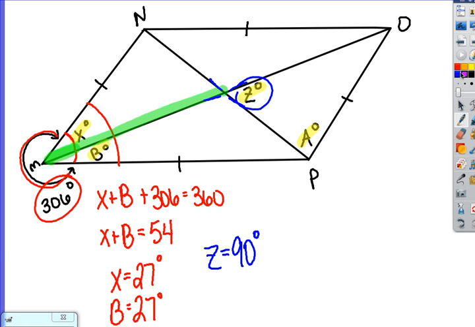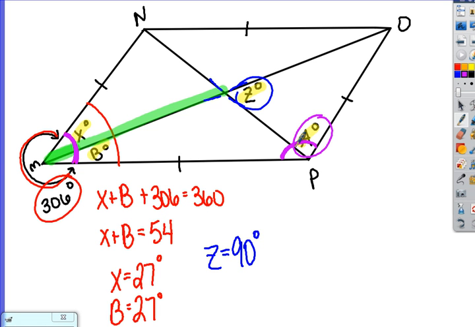The last one we need to find is angle A. We're going to look at parallelogram proof number 3 in order to solve for this. Parallelogram proof 3 says that the sum of the measures of any 2 consecutive angles is 180 degrees, which means that this angle here and this angle here, A and the one next to it, are going to be equal to 180 degrees.